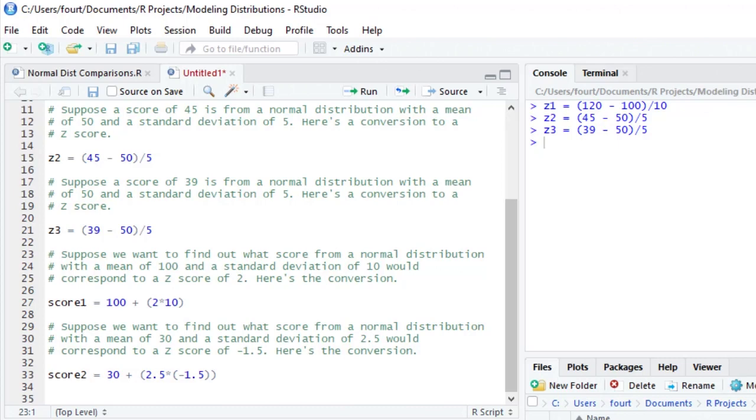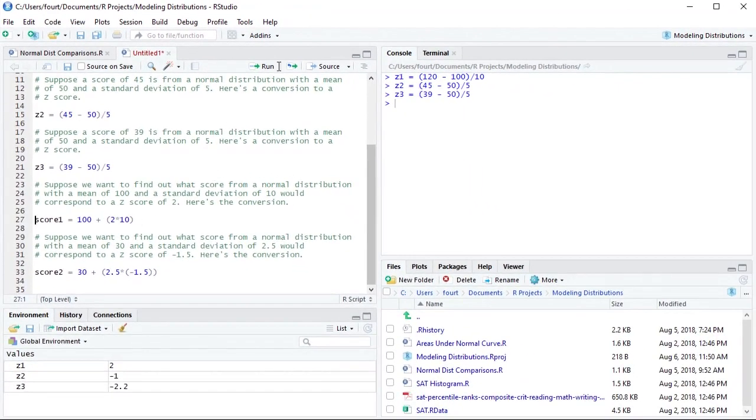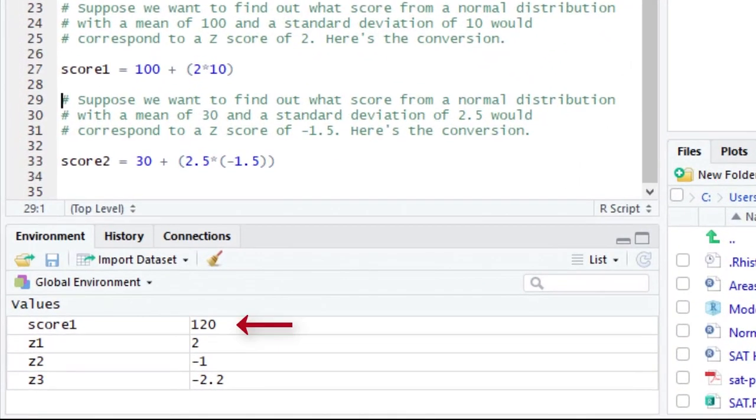To find out, we multiply 2 by the standard deviation of 10, add it to the mean of 100, and that gives us a score of 120. 120 is 2 standard deviations above the mean of 100 when the standard deviation is 10.